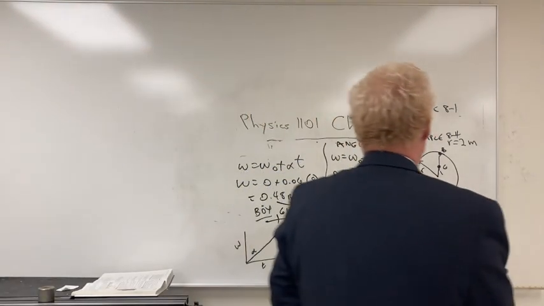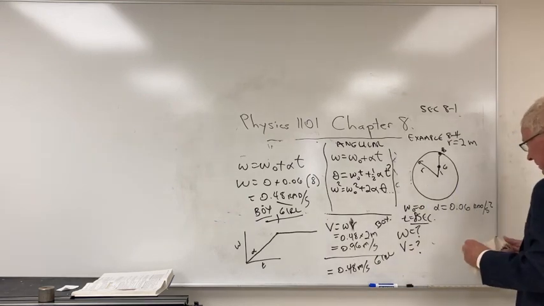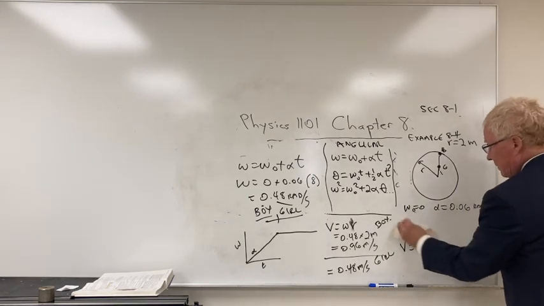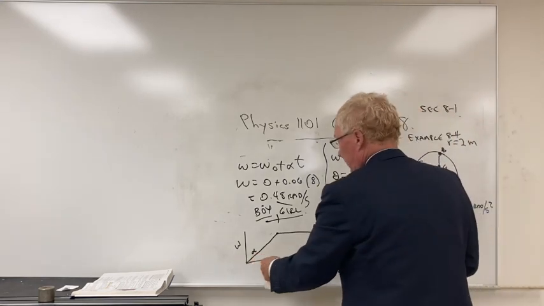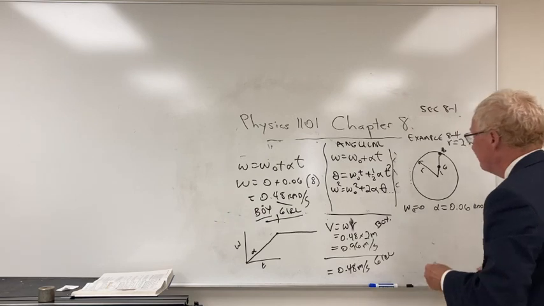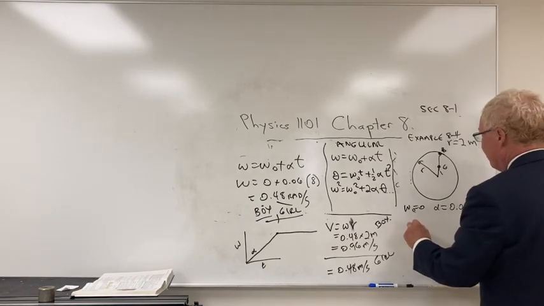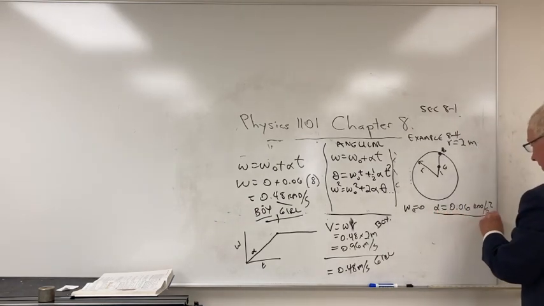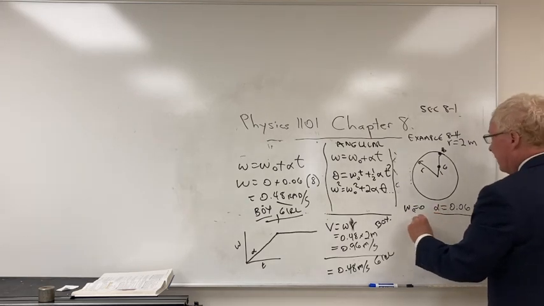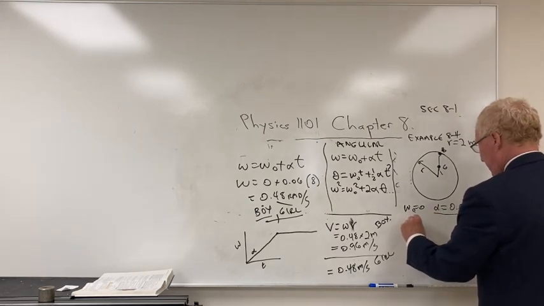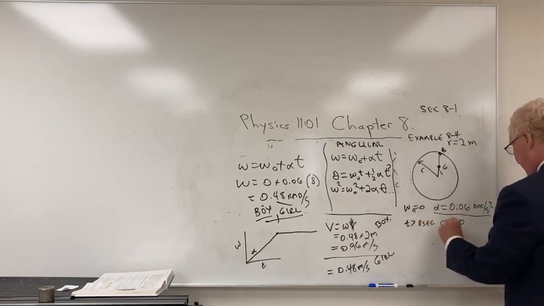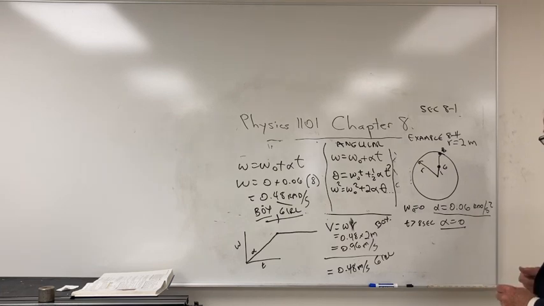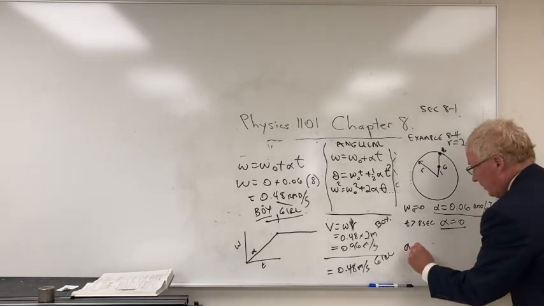From this part here, what is the angular acceleration? Well, the angular acceleration is just that for the first 8 seconds. Then at t greater than 8 seconds, alpha is 0. But we could also look at what is the centripetal acceleration.